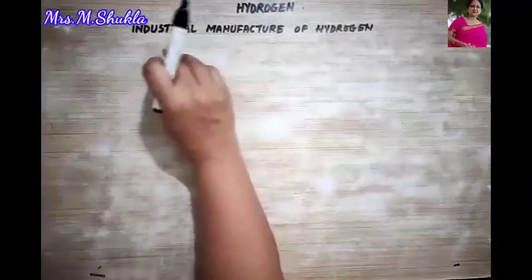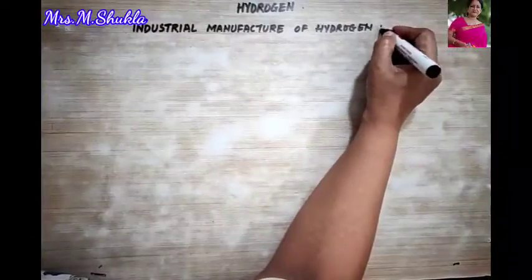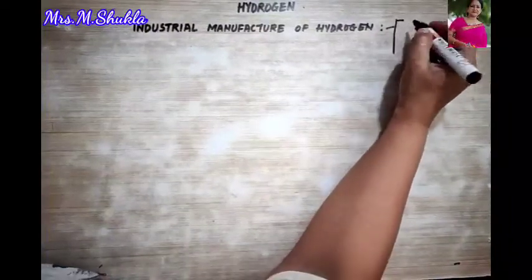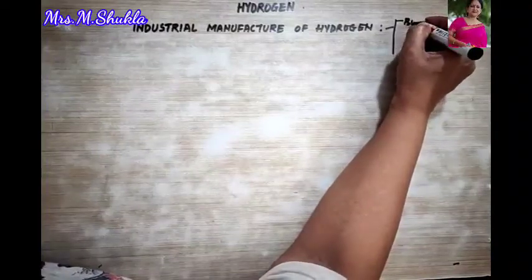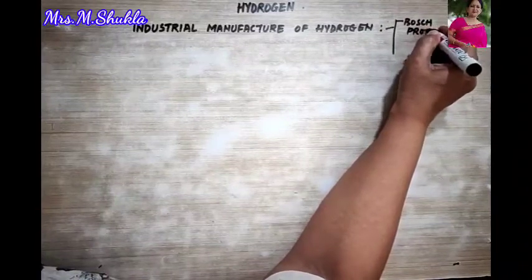Today we shall talk about the industrial manufacture of hydrogen, and this can be done by three different processes. The first process that we need to study is the Bosch process.